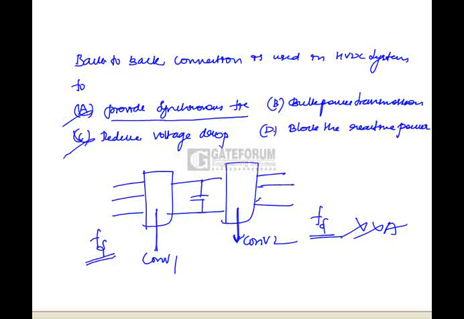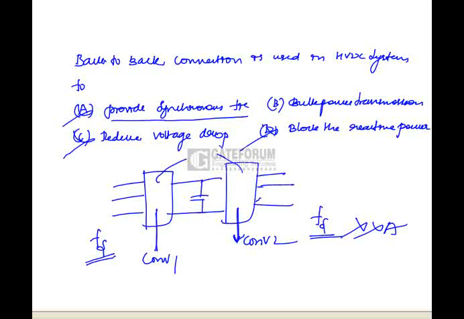Now look at option D, to block the reactive power. We cannot block the reactive power here. The converters in an HVDC system always absorb and deliver reactive power, depending upon the system you have. When converter 1 is acting as a rectifier, it will absorb reactive power. When converter 2 is acting as an inverter, it will deliver reactive power.